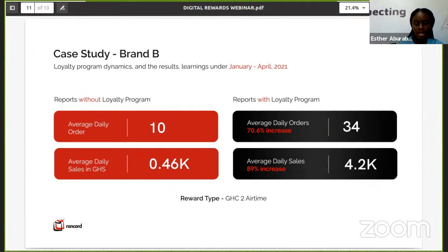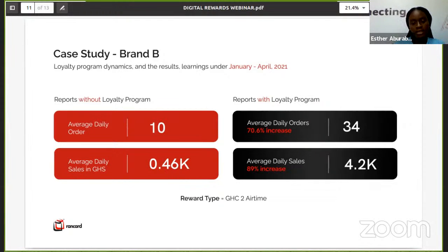And for a campaign as well, as I said earlier, the 2 cedi airtime looked too small for me, but it did good for this brand because from 400 cedis to 4,000 Ghana cedis, that's a massive increase for them. And the cost involved in giving out that airtime will be catered for, looking at how much they went up when they were running the loyalty program.